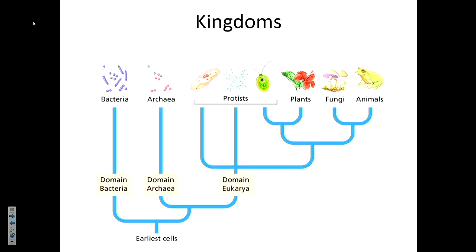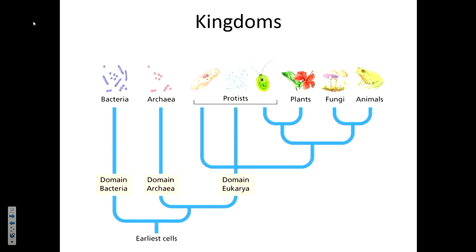So this picture is really nice because it combines everything that's listed on the taxonomy section of your packet. You're looking at the bottom in the beige, your three major domains, and this shows you a tree diagram that you've seen if you've taken Bio 2, where it breaks down your eukaryotic domain into your kingdoms. So this shows you all the kingdoms that we're looking at.